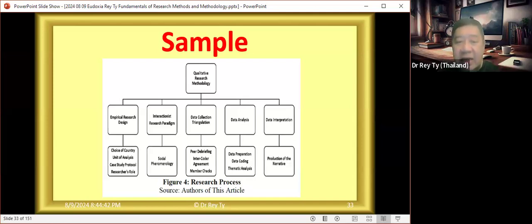So that is a sample of an actual methodology I wrote with the methods. The bottom part is methods. Methodology is the big picture.